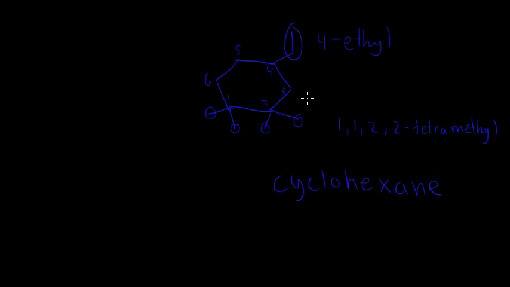So when we go to write this out, again, memorize that we do it alphabetically. So ethyl comes before methyl. So this is going to be written as 4-ethyl, and then a dash, 1,1,2,2-tetramethyl cyclohexane.